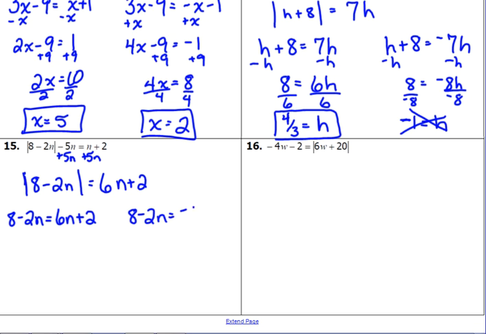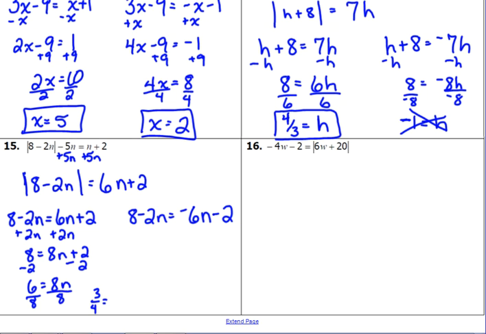Second case, change both the signs on the right side. Solve the equations. Plus 2n. Subtract 2. Both are divisible by 2. This time it's 3 over 4.